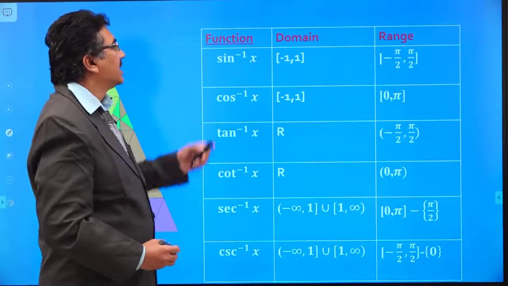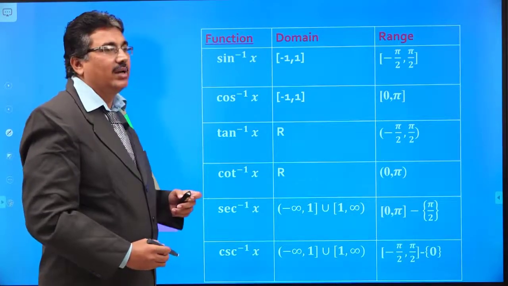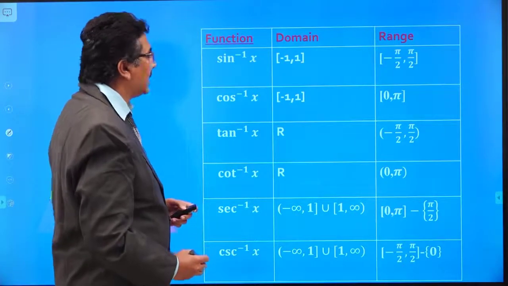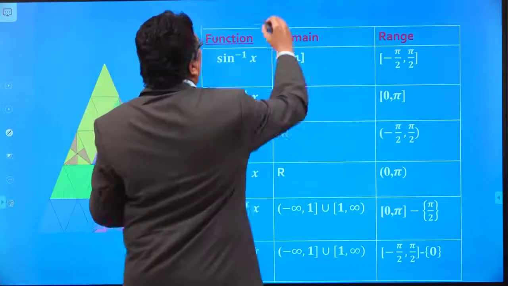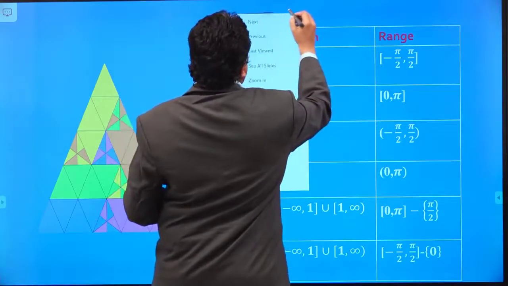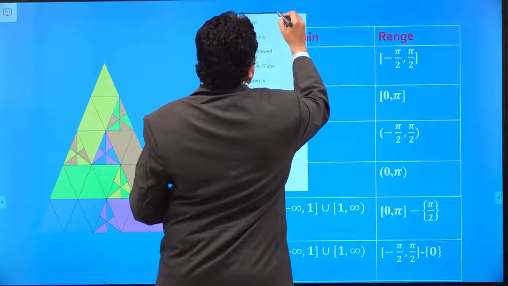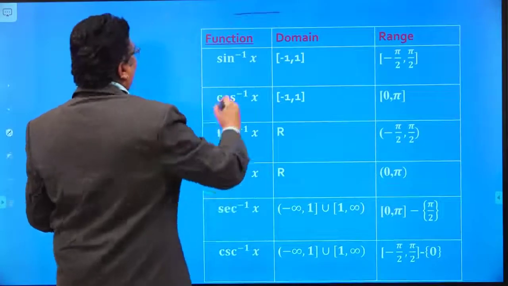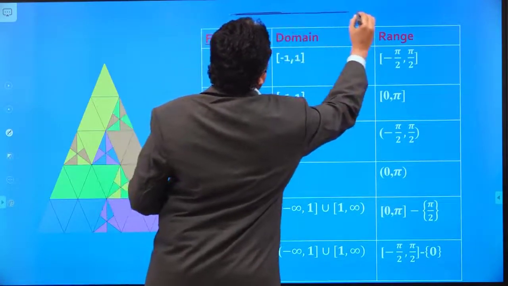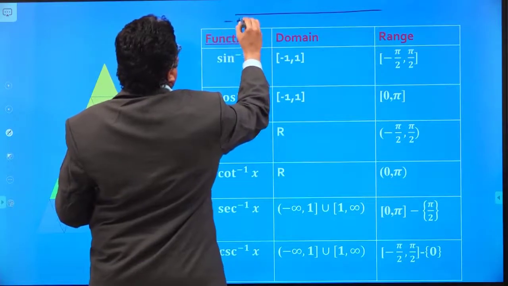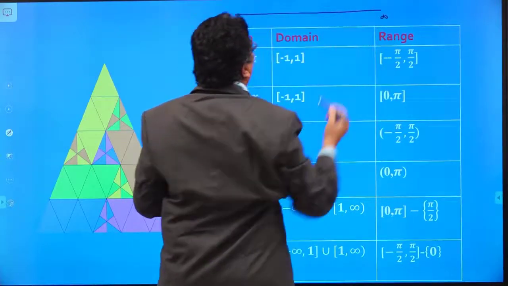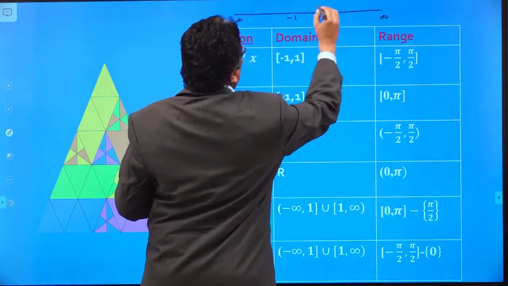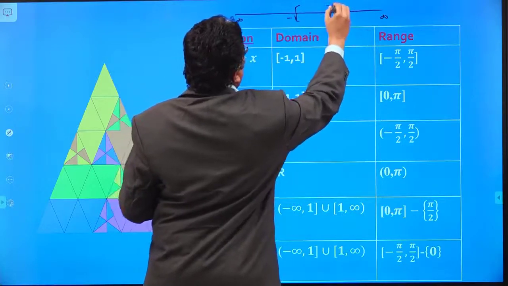Sine inverse, cos inverse, the domain for these two functions is the same, that is the closed interval minus 1 comma 1.